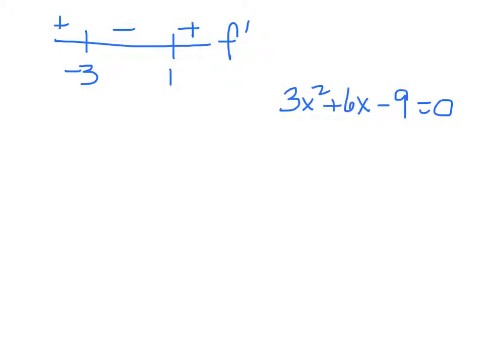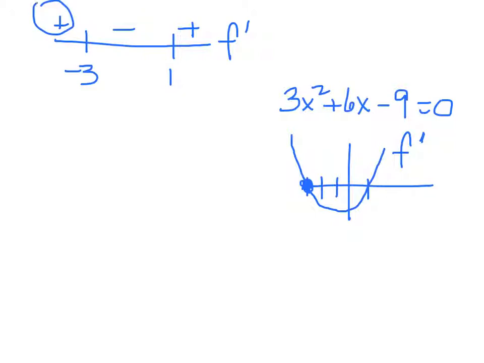Now, I do know that this graph is a parabola, and it's a parabola pointing up, and my zeros are at negative 3 and at 1. So it's going to look like that. Do you notice, and again, this is the derivative, not the function, that before negative 3, it's above the x-axis, thus this plus sign.